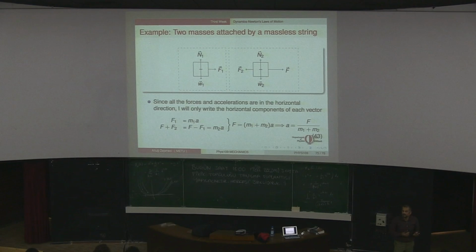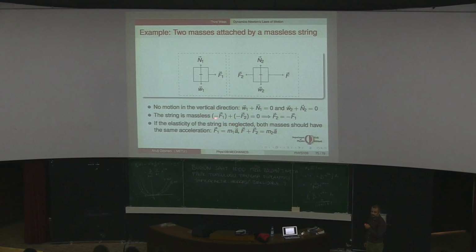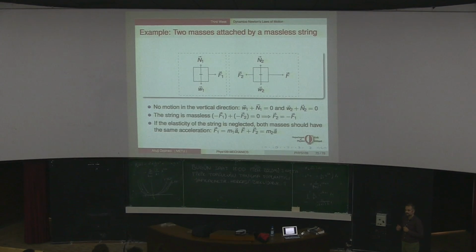F1 can be both positive or negative. I'm just adding all of the vectors. The direction here is determined by the sign of the components of these vectors. It is like, instead of writing 3 minus 5, I'm writing 3 plus minus 5.